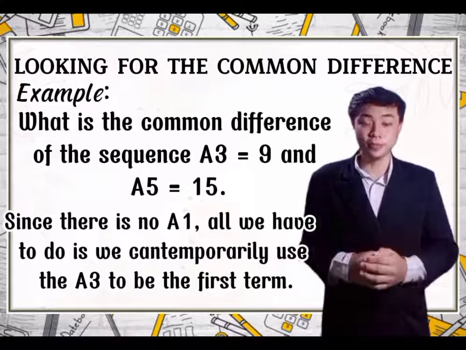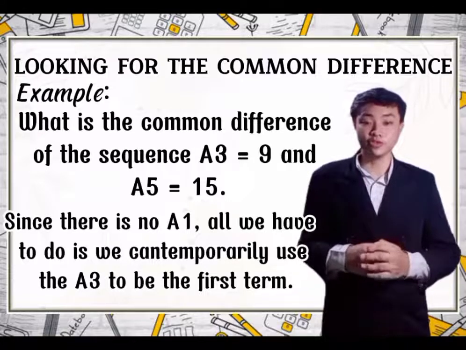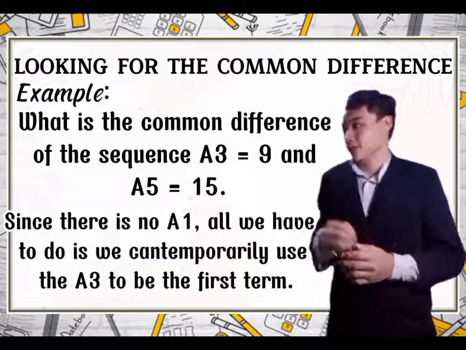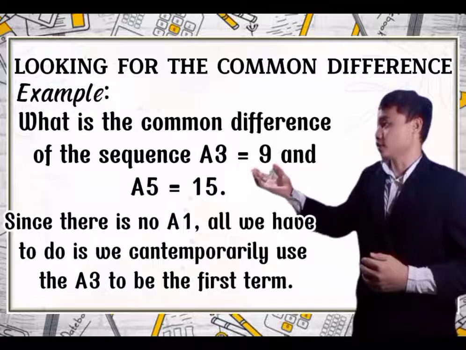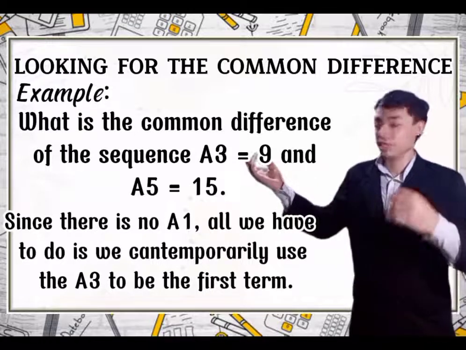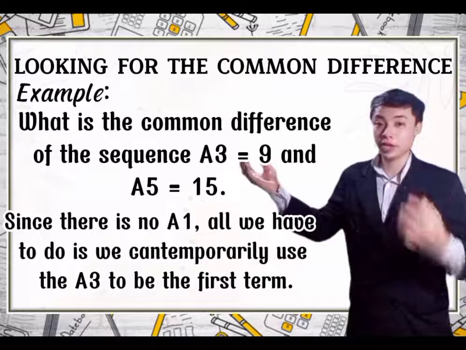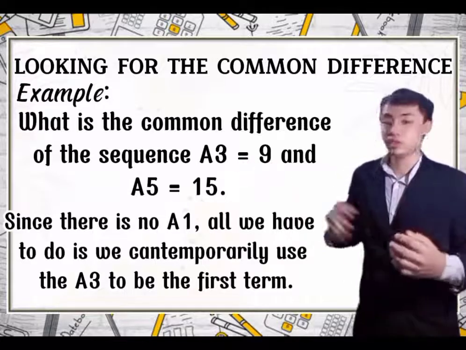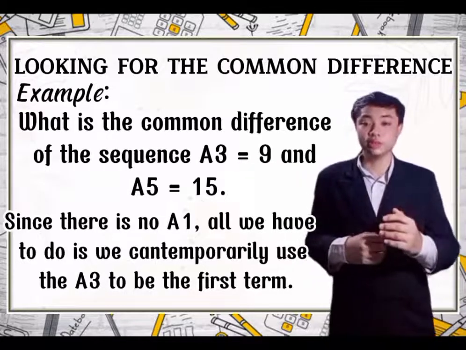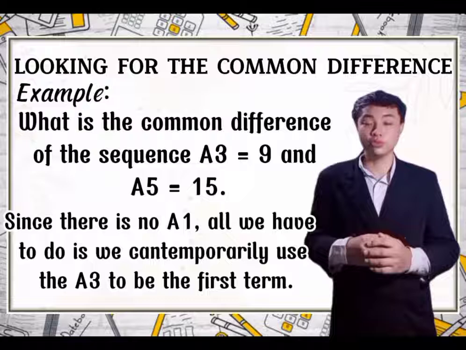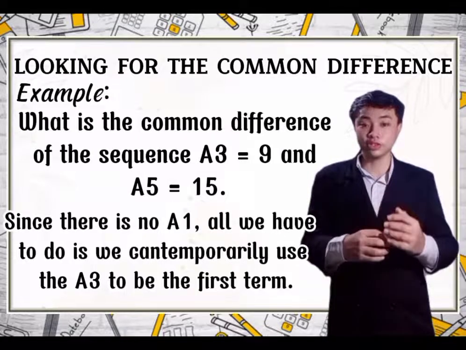The third example is about looking for the common difference. Example, what is the common difference of the sequence with a sub 3 equals 9 and a sub 5 is 15? So since there is no a sub 1, all we have to do is temporarily use a sub 3 as the first term.